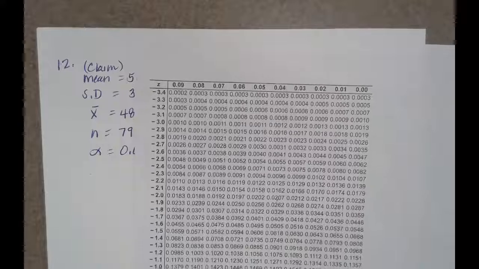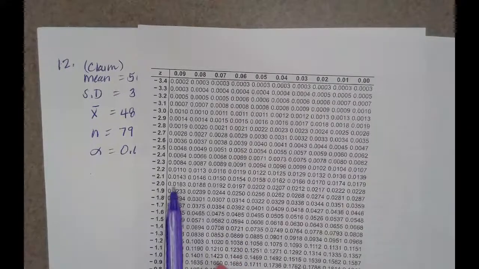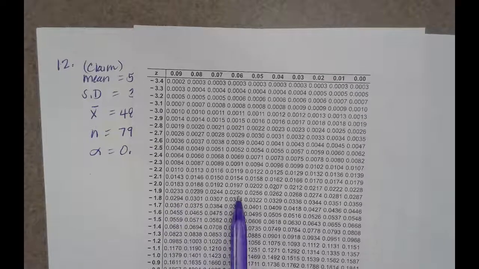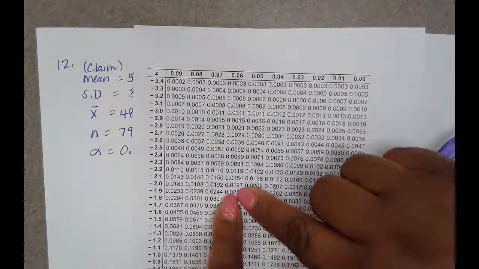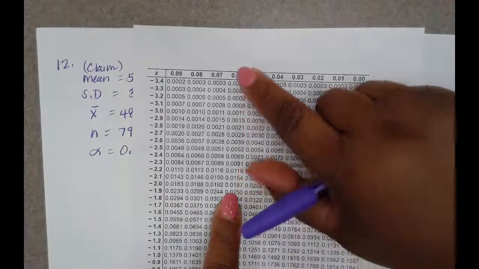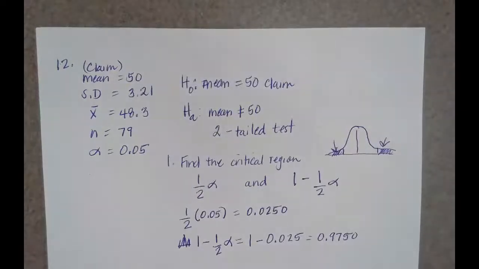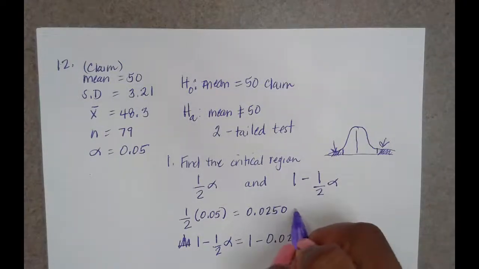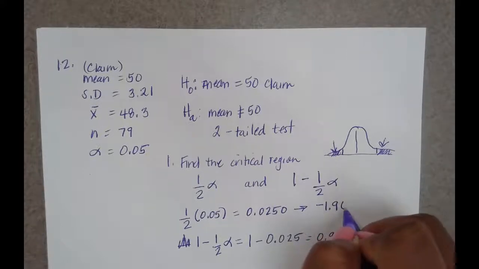So I'm going to go here on the negative. 0.0250 corresponds to negative 1.9 and 0.06. So this region is negative 1.96.